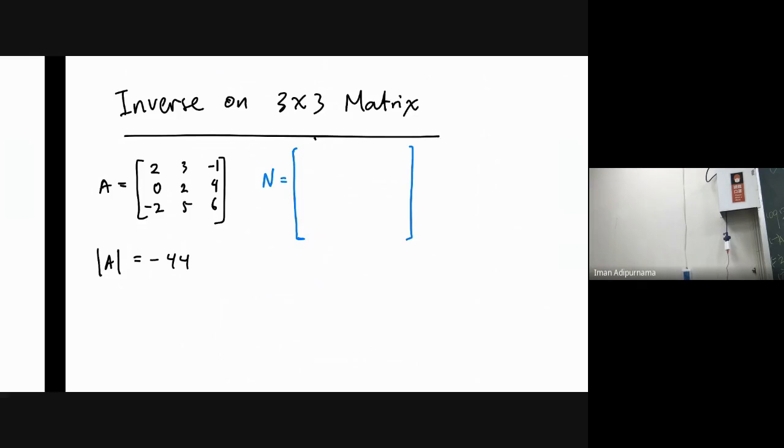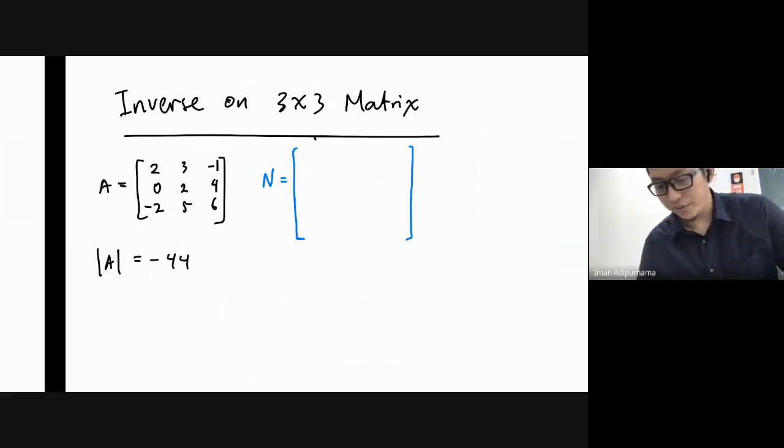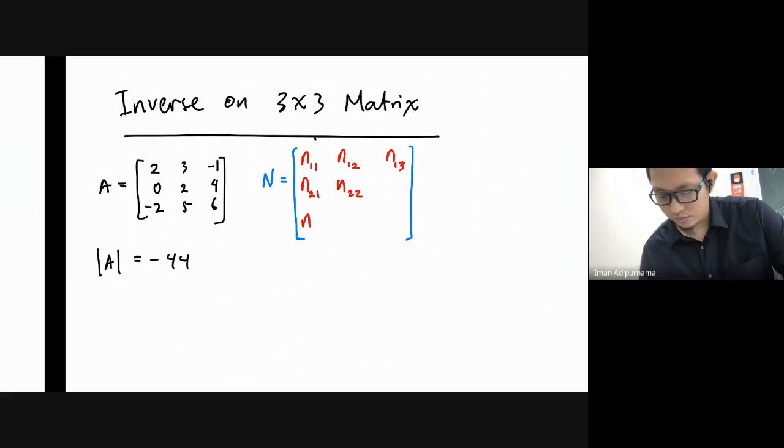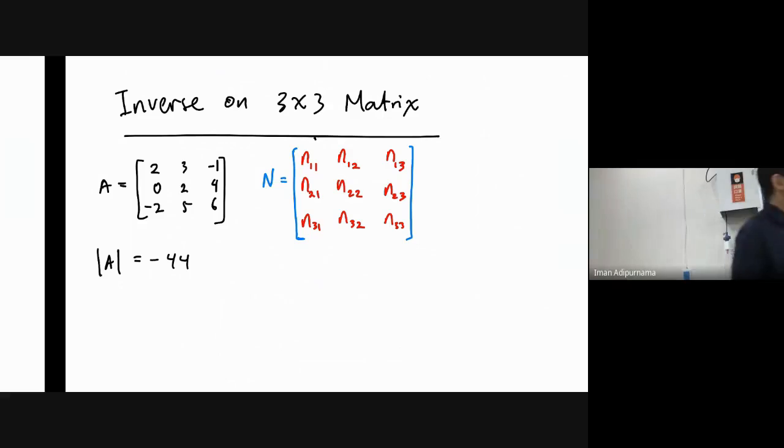Let me write the elements of each: this is N11, N12, N13, and N21.